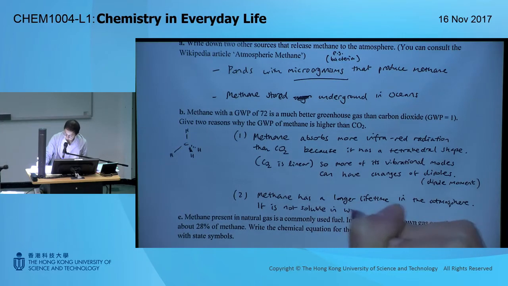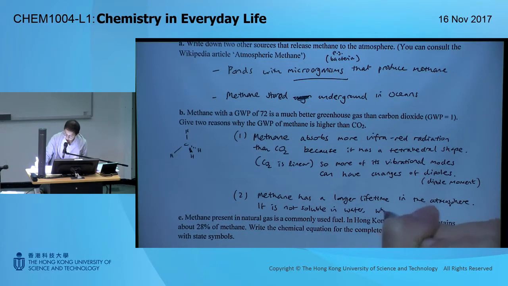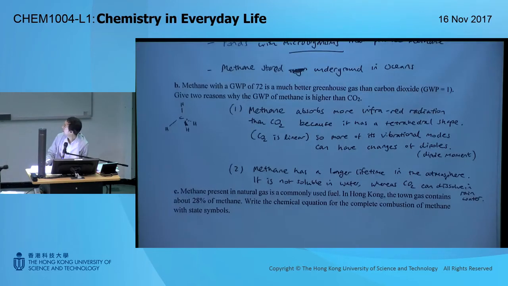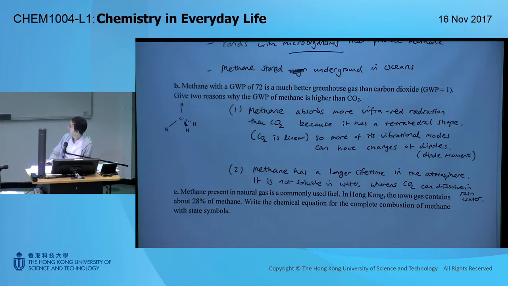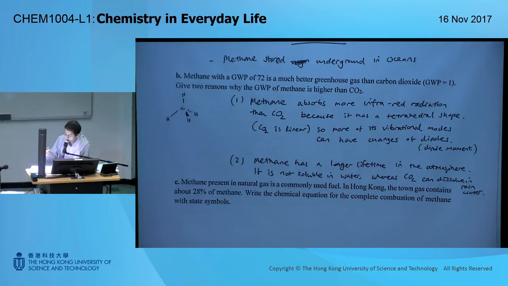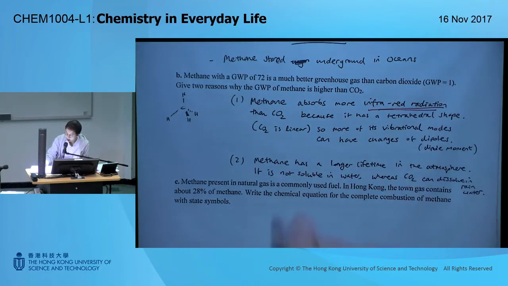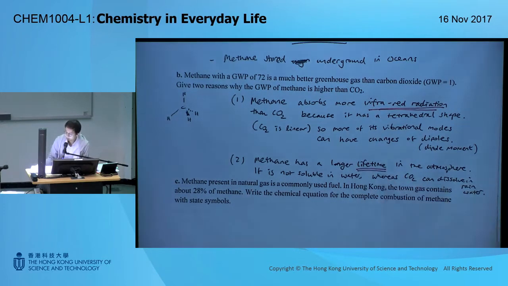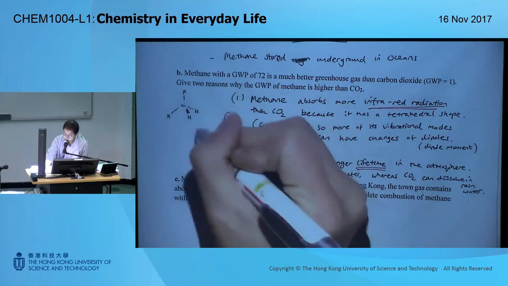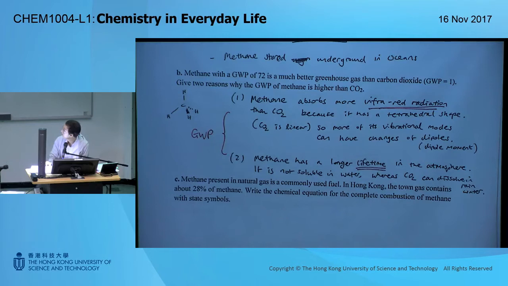It's not soluble in water, whereas CO2 can dissolve a little bit in rainwater. So the two points are infrared radiation absorption and also the lifetime. So GWP is a factor that takes into account both.